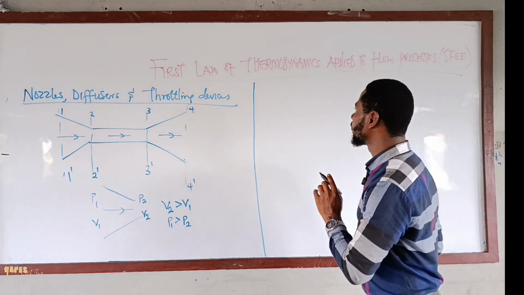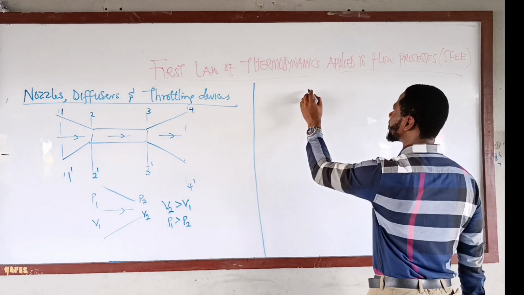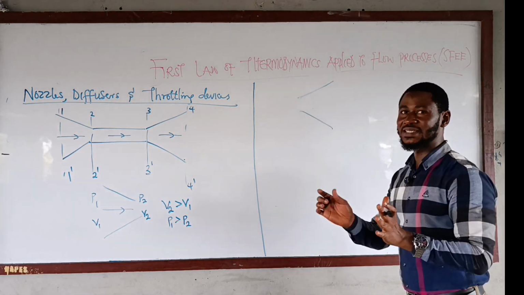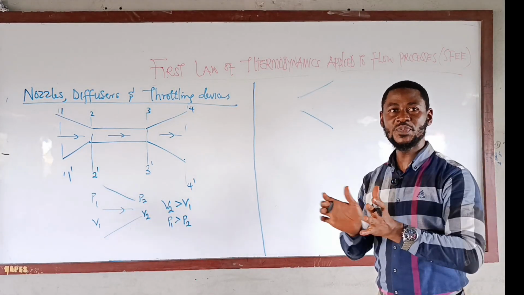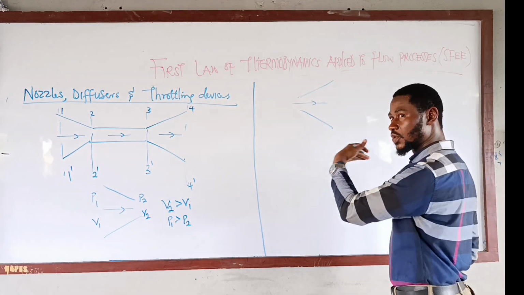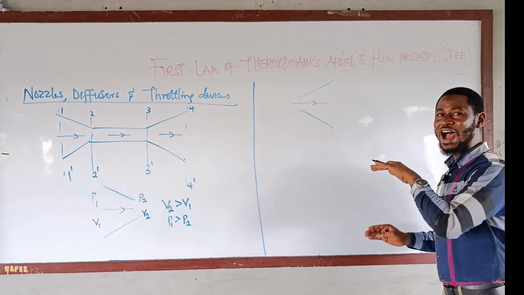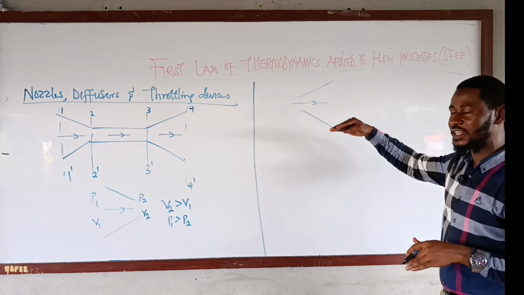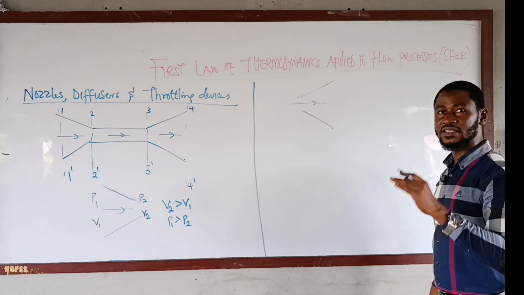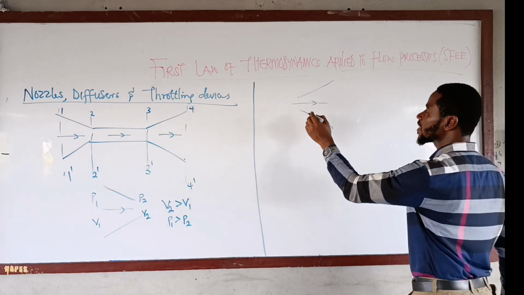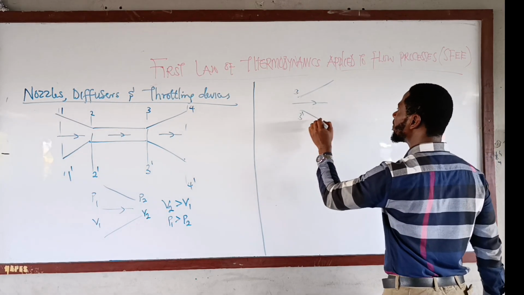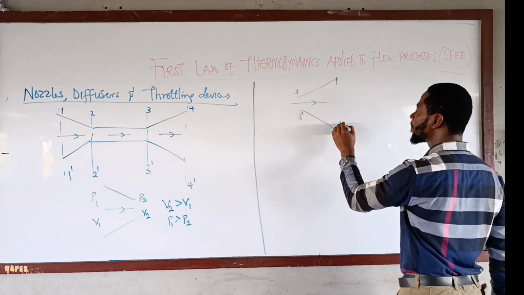Now, for the diffuser, you can see it diffuses, it spreads. If the arrow is changed to this side, it becomes a nozzle. But if the arrow is coming from left to right, it becomes a diffuser. So at this point, we have 3, 3 prime, 4, 4 prime.